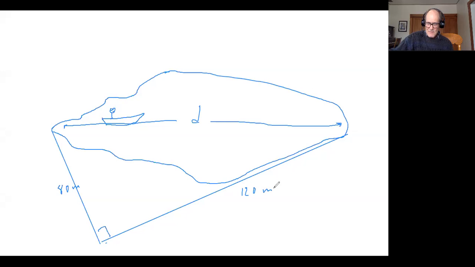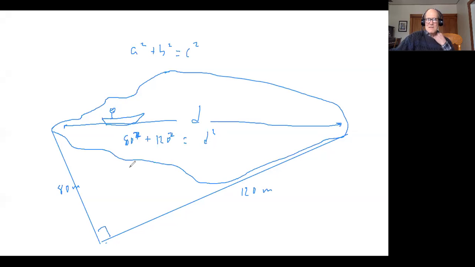120 meters. So then applying our a squared plus b squared equals c squared, we get 80 squared plus 120 squared. Whoops, I put a 0 there. Equals d squared. And we'll work that out.